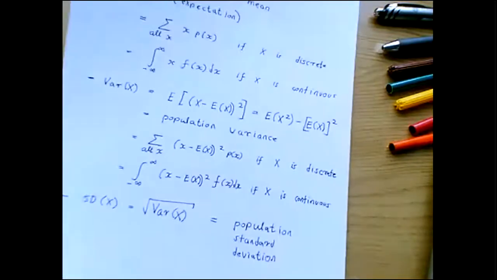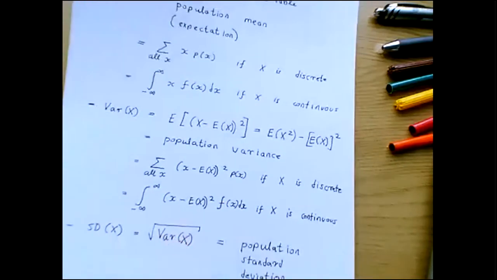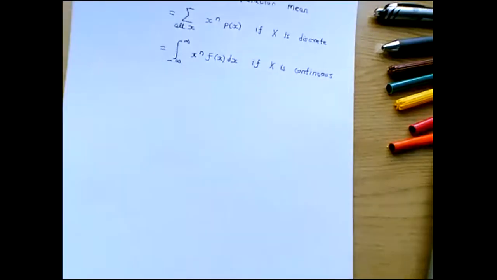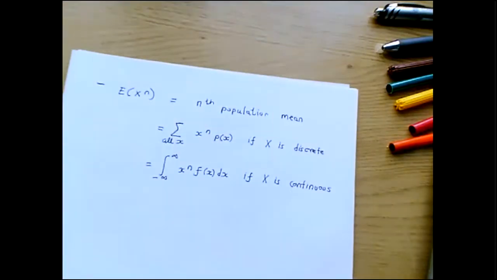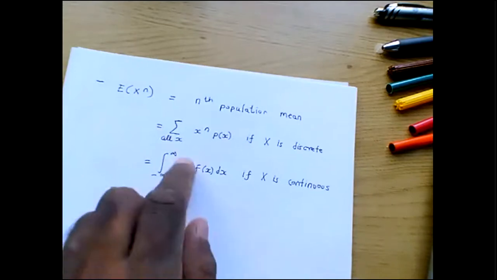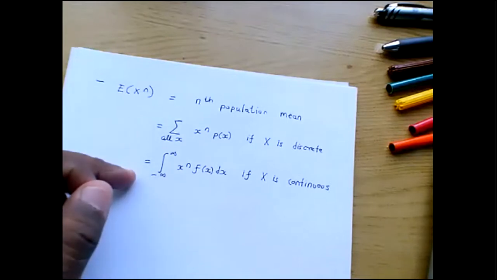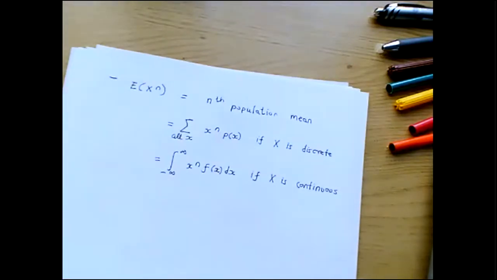And this is the definition for the population standard deviation: it is simply the positive square root of the variance, right? And this gives you the nth population moment, and is defined by one of these two, depending on whether the variable is discrete or continuous, right?